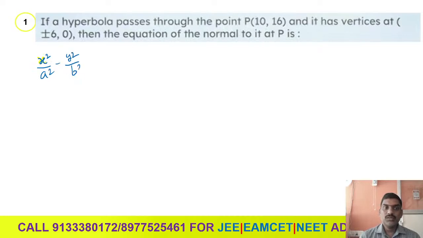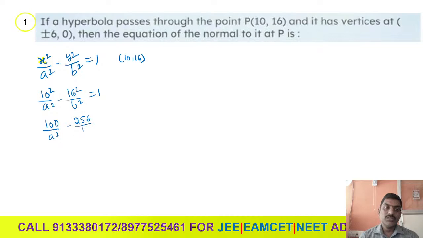This is the equation of the hyperbola. This hyperbola is passing through the point (10, 16), so try to substitute that point. What do you get? 10 square divided by a square minus 16 square divided by b square is equal to 1. So 100 over a square minus 256 over b square is equal to 1.